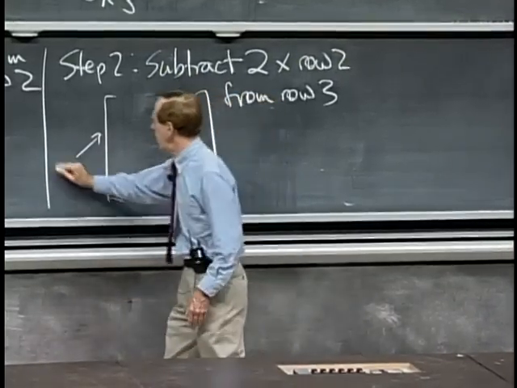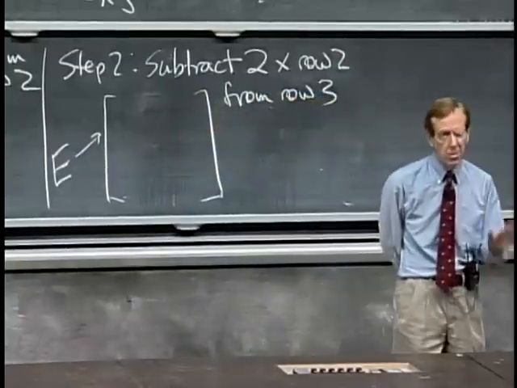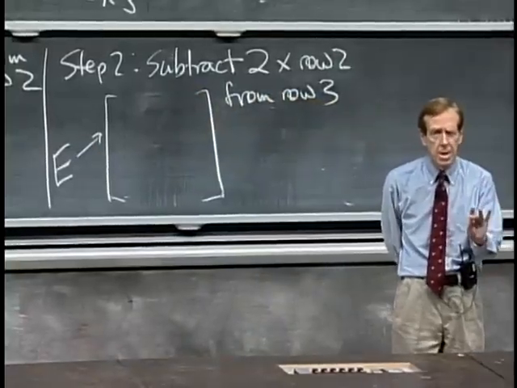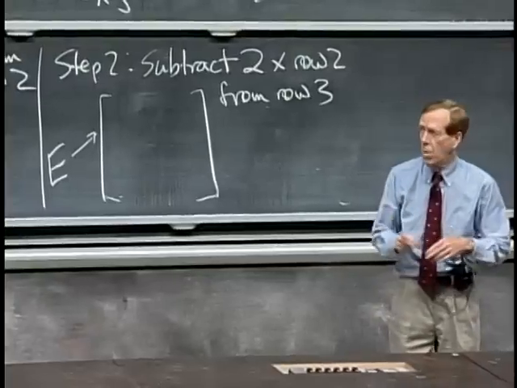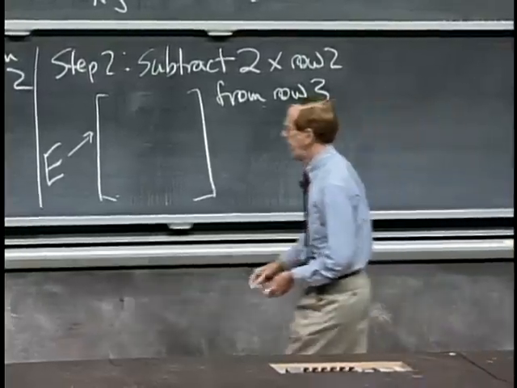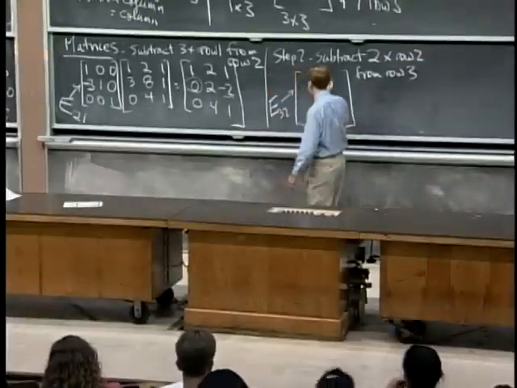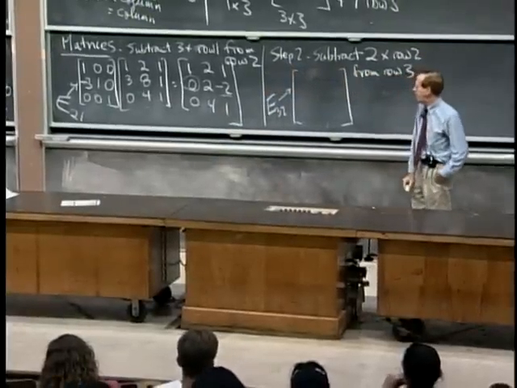It's going to be E for elementary or elimination matrix. And what's the index? E32, right, because it's fixing this 3, 2 position. And what is the matrix now?